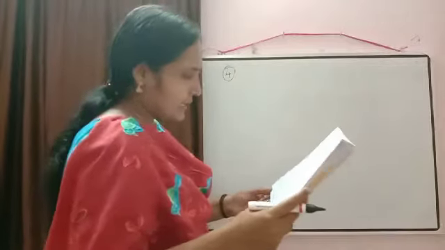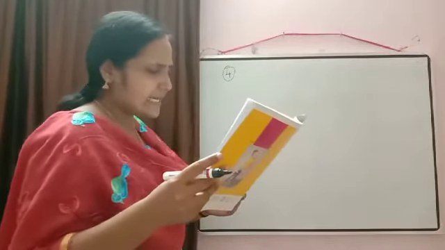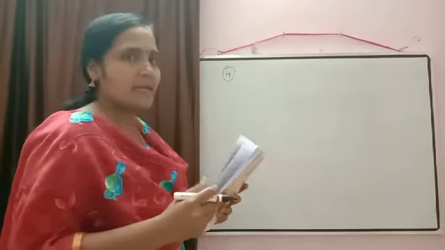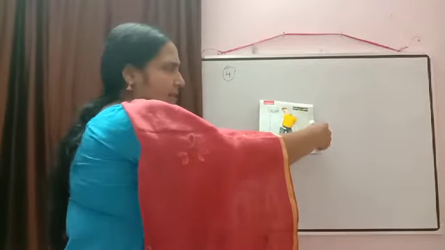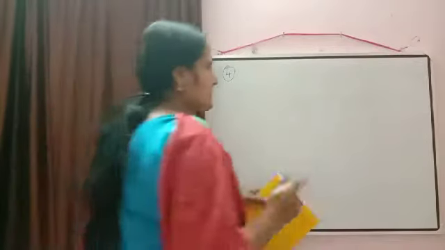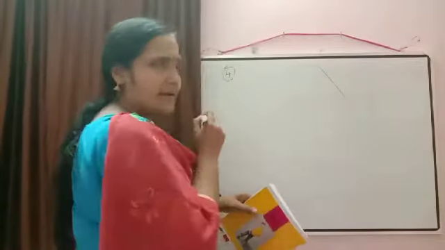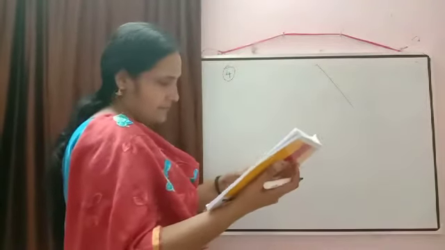Question number 4. A ladder is placed against a wall such that it just reaches the top of the wall. So obviously whenever we are keeping the ladder, we are keeping in this way only in the wall. And it is given its top just touches the wall. So we will consider this as ladder. Suppose this is a ladder and its top just touches the wall.